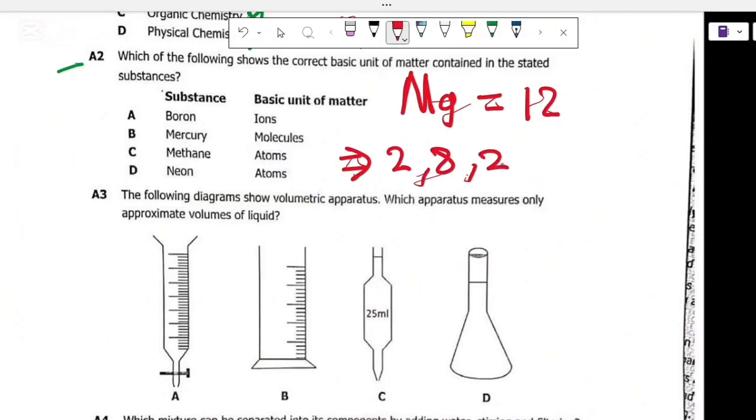You put them in the other shell, which is the third shell. That is how you write the electronic configuration of atoms. Make sure you understand the atomic number or the number of electrons because that is key. That is going to help you to know the number of shells that you are going to have and also the way you are going to write that.